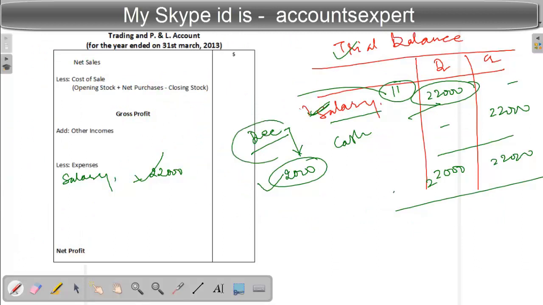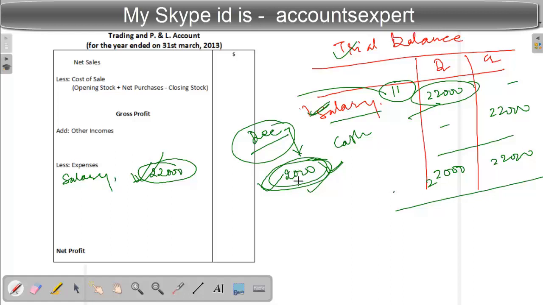And last month's salary is how much? 2,000. Is this paid or unpaid? So now we need to pass an entry for this. The 22,000 is already recorded in the books of accounts, so there is no need to re-record it or pass any entry for it. But for this 2,000 we need to pass an entry now, and that entry is called the adjustment entry.